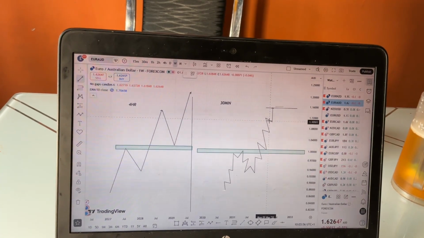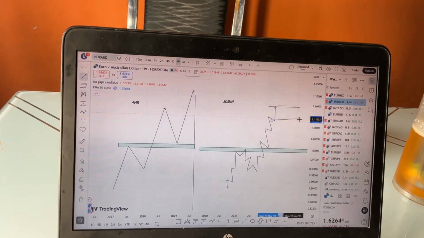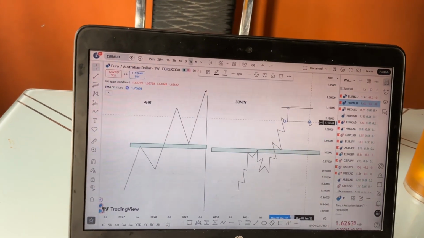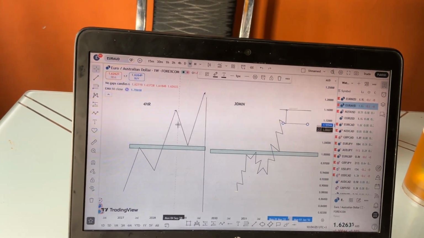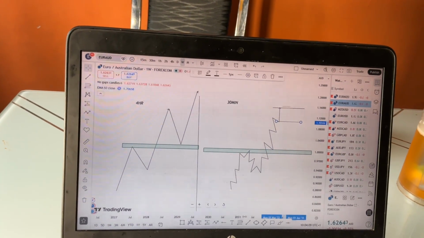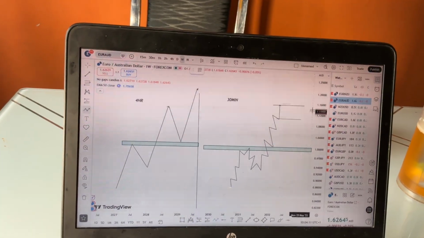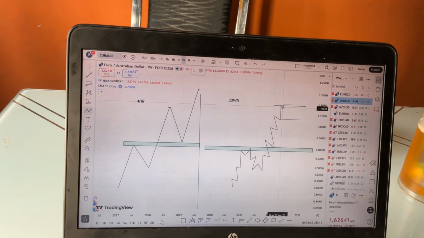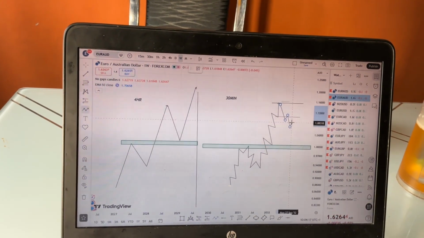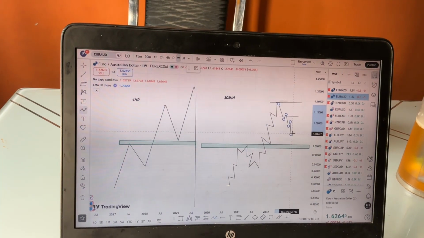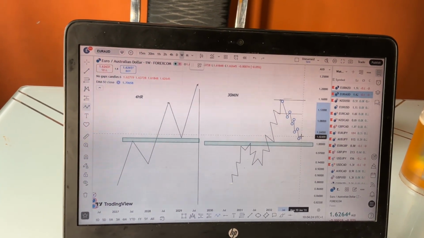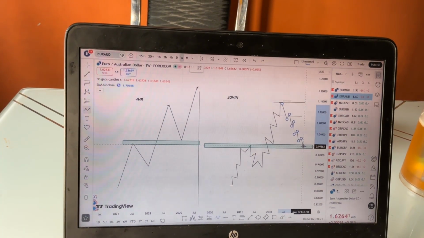So for these 4 hours to pull back to this area of interest, the 30 minutes has to shift bearish, creating something like this, creating a series of lower low, lower high, lower low, lower high, lower low, lower high.